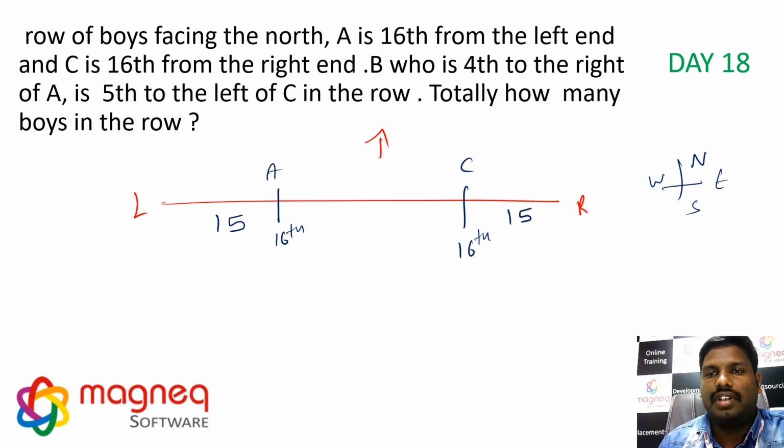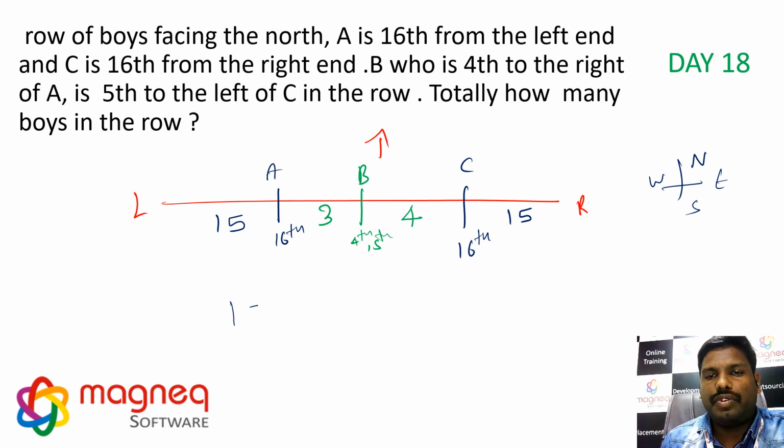B is fourth to the right of A, so in between there are 3 persons, and fifth to the left of C, so in between 4 persons. Total how many boys?